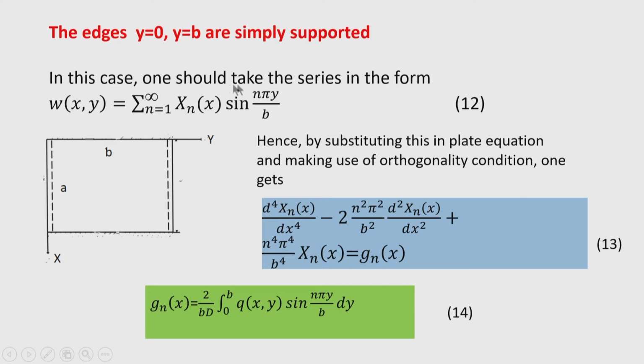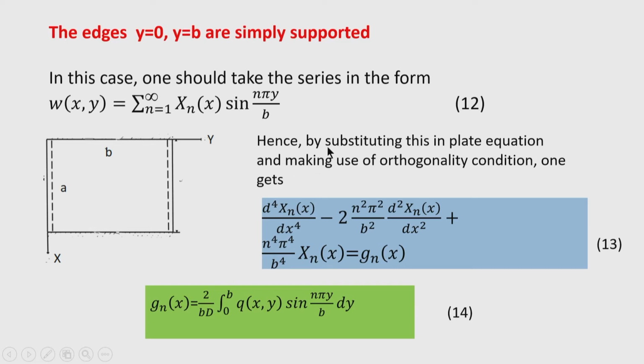So, this is the difference in the series, because it will be expanded with a function of x and a function of y, which is now a sine function, because the deflection and moment are 0 along the y direction. That is why we have taken this sin(n pi y by b). b represents the length of the plate in the y direction.